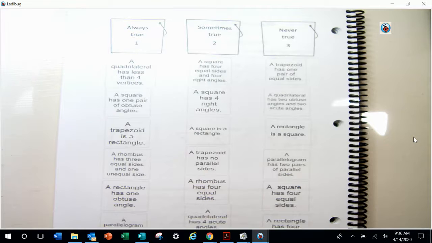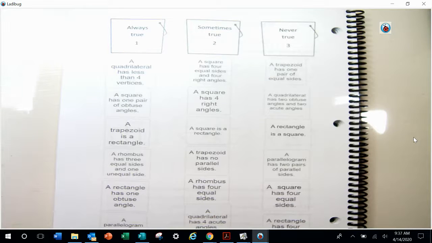This is the main work you're going to do. So pause the video, go through and decide, is that statement always true, sometimes true, or never true? Something that will help you is the definitions that we've gone over about these quadrilaterals. The definition of a square, the definition of a rectangle, think of those things when you fill that out. Okay, so go ahead and pause the video so that we can go over these answers.